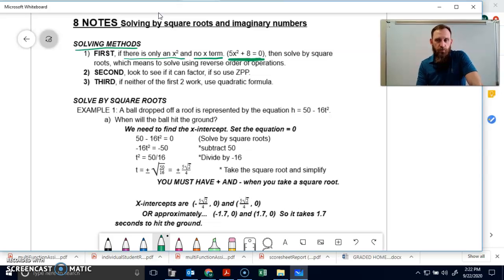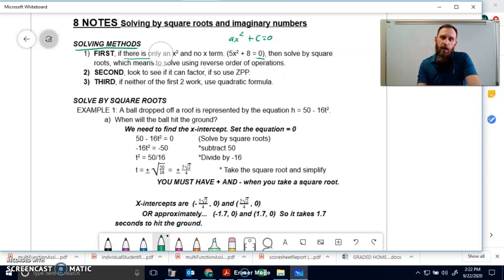And especially if they're not perfect squares, so it's not really that conjugate rule from factoring last week. So if you have a situation where there's no x term, which means there's no b, it would just be ax squared plus c. Then you're going to solve it by using square roots, kind of like what we did at the beginning of the year, where we're just using reverse order of operations.